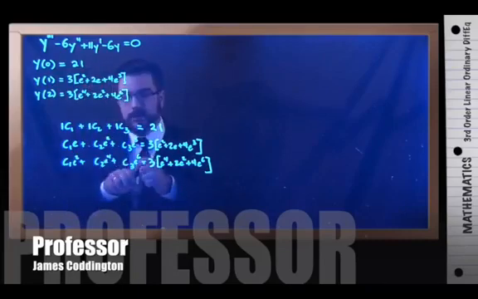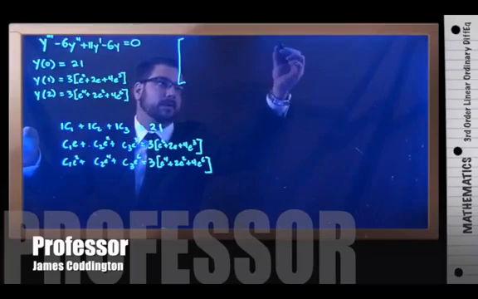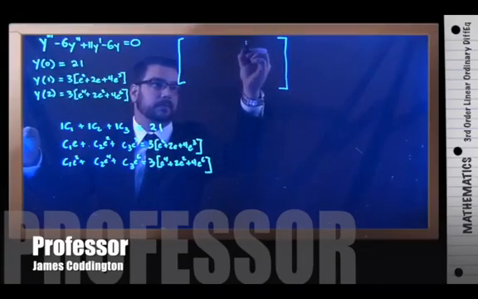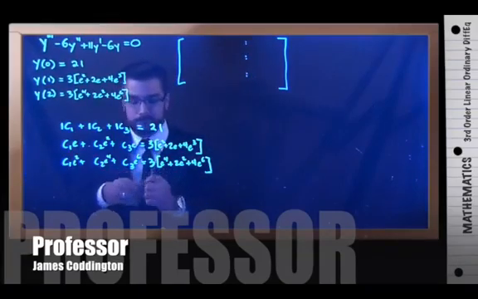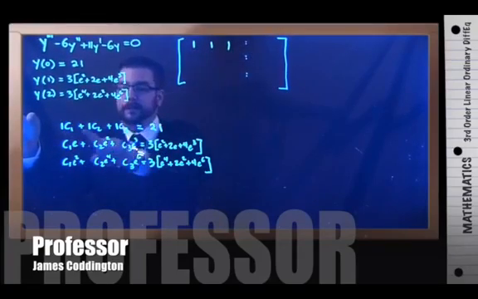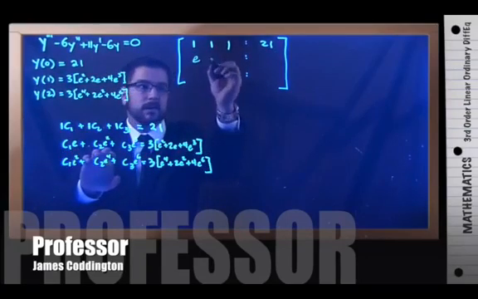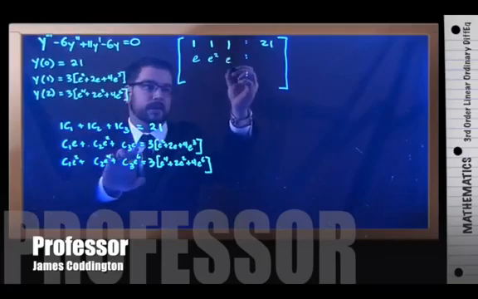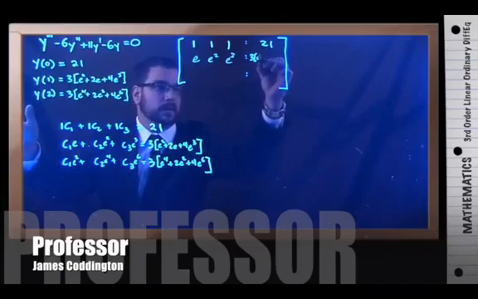So I'm going to go ahead and create that matrix. It's going to be a 3x4 augmented matrix. Let me get a little bit more space here, mostly because these parts are a little bit long, so I need some space for them. All right, and here we go. It's going to be a 1, 1, 1, and 21. It's going to be an e, e squared, and e to the third, and then all this, e squared plus 2e plus 4e to the third.